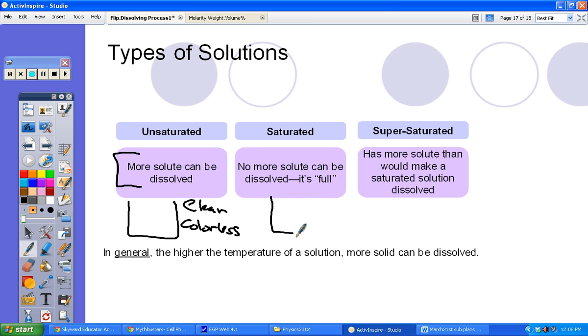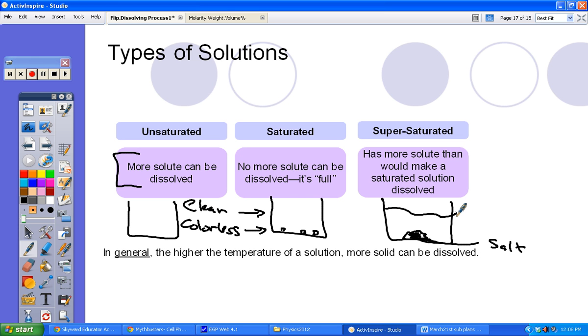Once the solution gets saturated, there might be a few little chunks down here at the bottom. Just a couple, not many. But it's still clear and colorless. Now, when it becomes supersaturated, we typically see kind of a pile of stuff at the bottom. This is probably something like salt, for example, or sugar could work too. It takes a lot more.